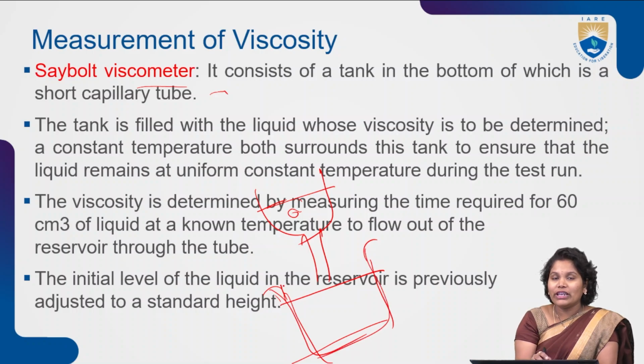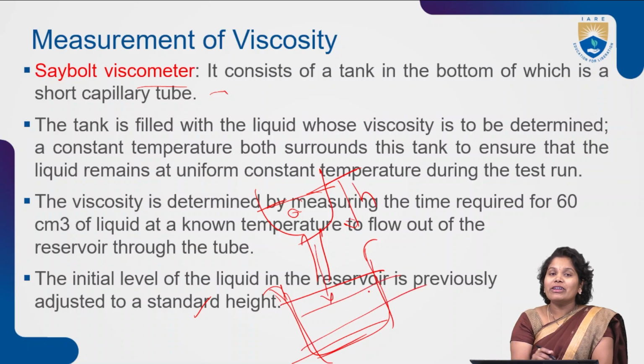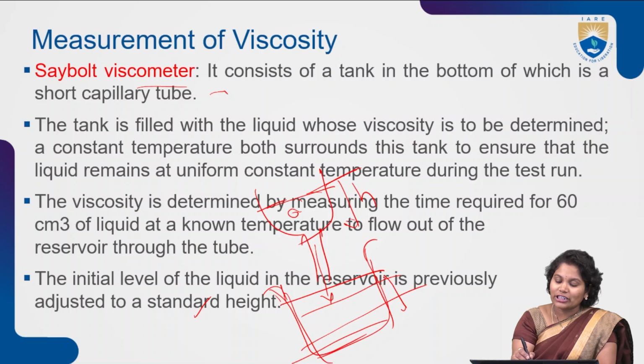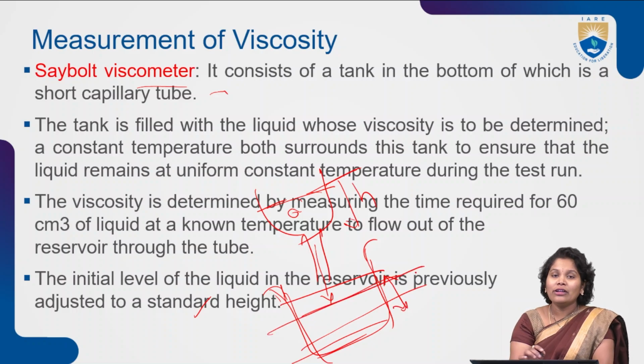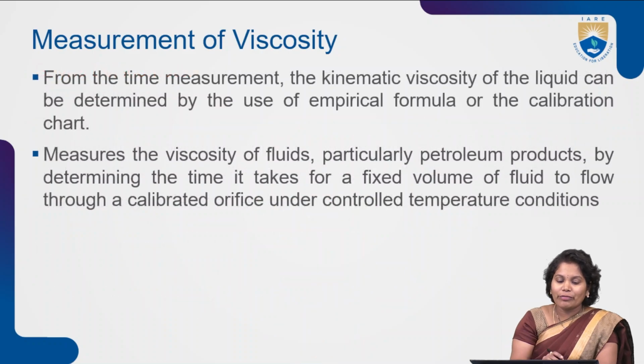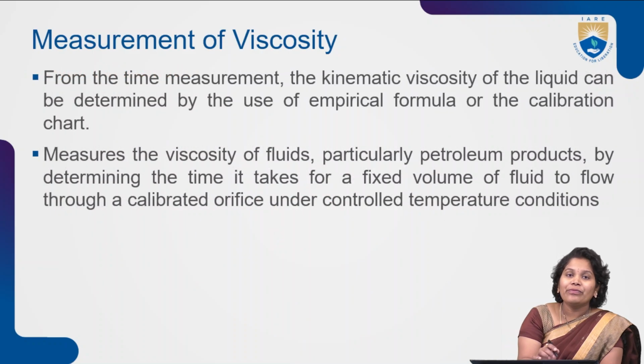The initial level of the liquid in the reservoir is previously adjusted to the standard height. First we see the height in the tube, and after that we measure how much time the fluid takes to come to a certain height in the measuring tank. From this we find the viscosity of the fluid.